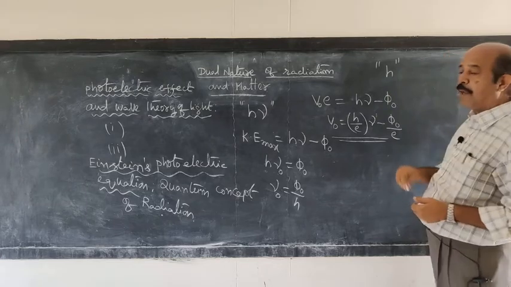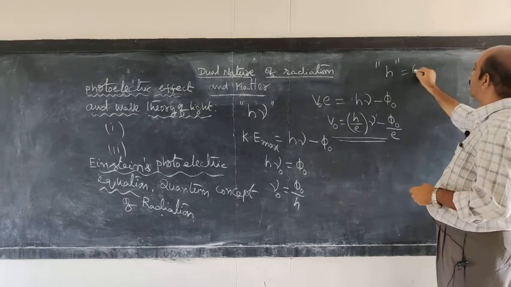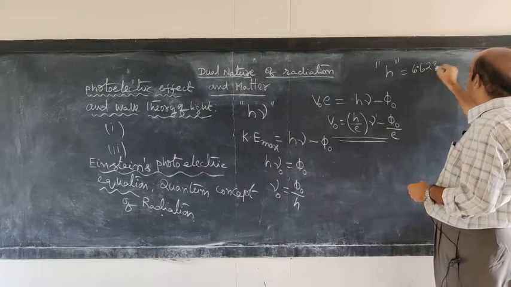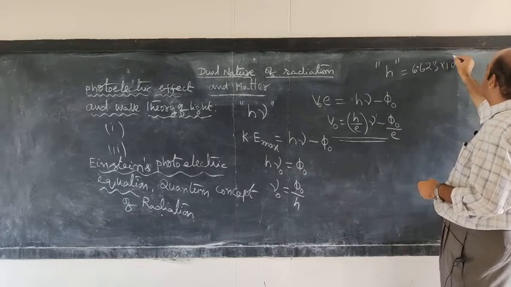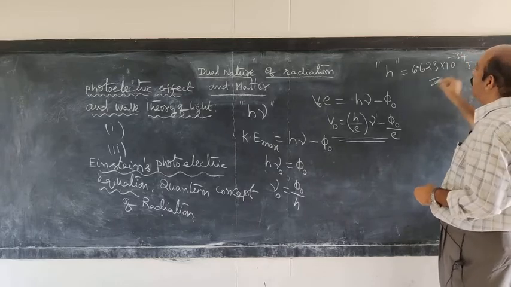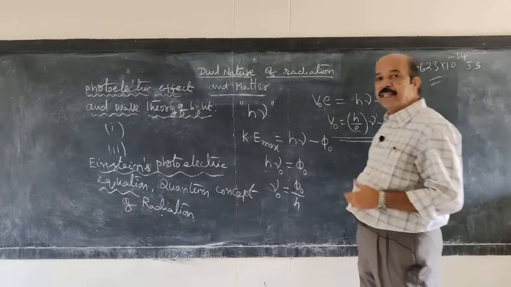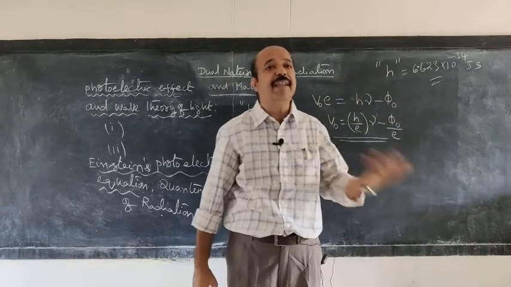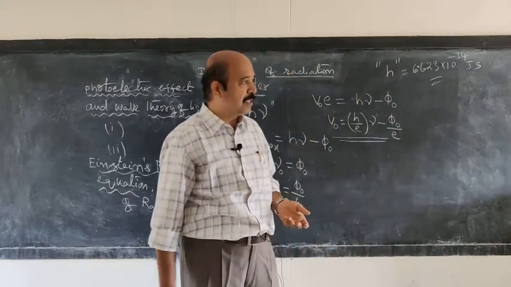And the Planck's constant value he obtained was 6.623 into 10 to the power of minus 34 joule second. So he obtained almost the same value which is found by other experimental methods.